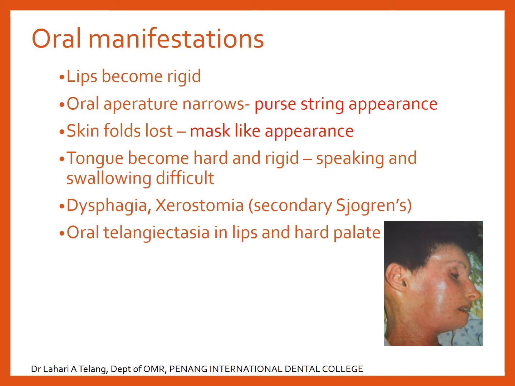So what is important to understand is the patient could have a mask-like appearance because of the skin folds becoming rigid and lost, and the oral aperture becomes smaller. So you may now understand that patients who have scleroderma features could be a difficult dental patient because of the narrowed oral aperture, and hence reaching the posterior teeth could become difficult during dental management.